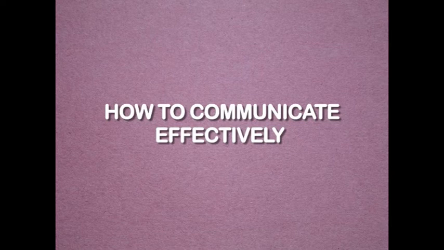So how do we communicate effectively? Let's see some of those. Communication skills are the set of skills that enable a person to convey information so that it is received and understood. It is essential to know the following ways in order to have effective communication.